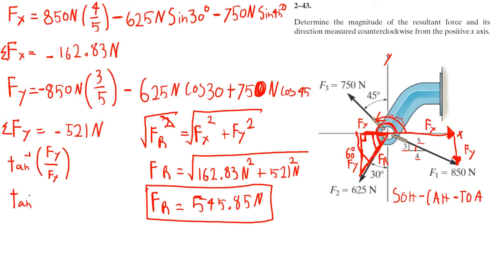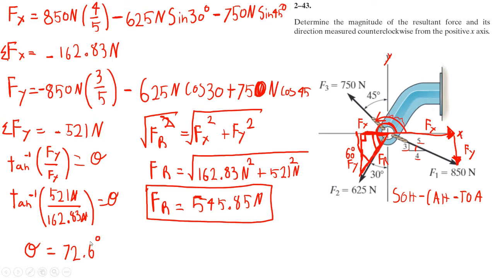So tangent inverse, aka our theta, is going to be fy, 521 newtons. And you can leave the negatives out or keep the negatives in. You know what you're solving for, and it's always going to be positive. This is all equal to theta.